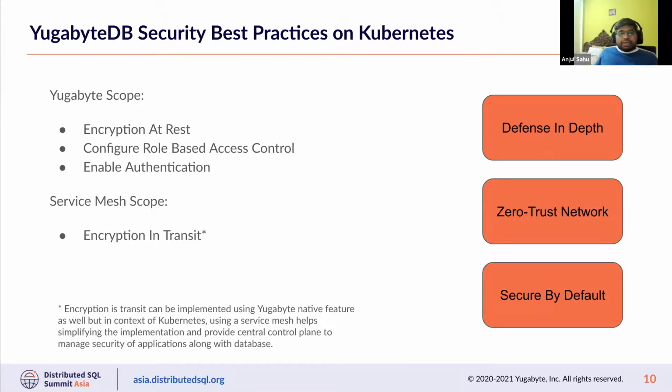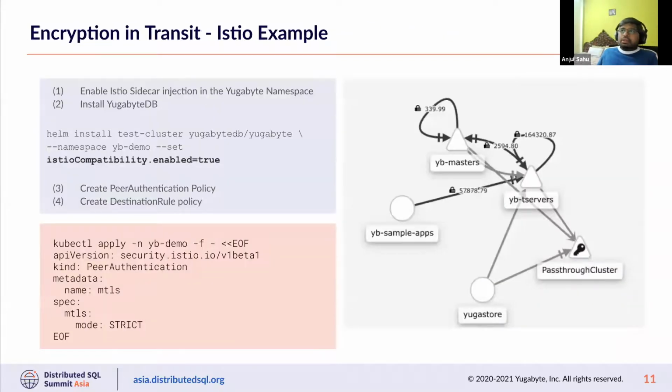Now we will look at how to implement mutual TLS using Istio on Yugabyte database. When we install Yugabyte database, we should use a particular setting to allow Istio to work.